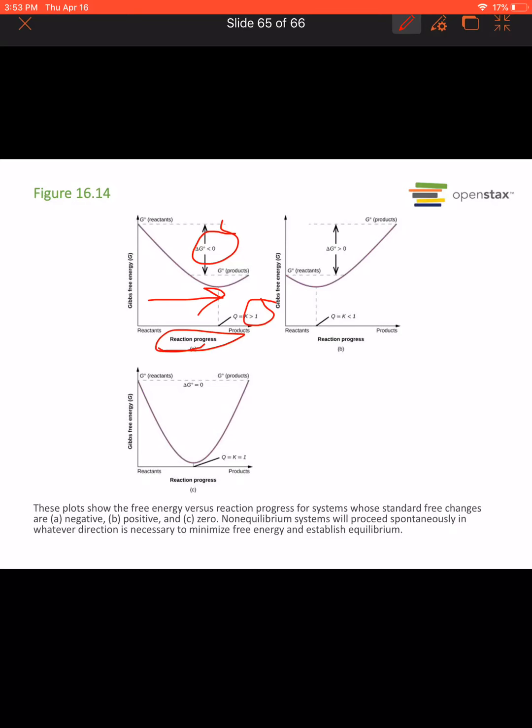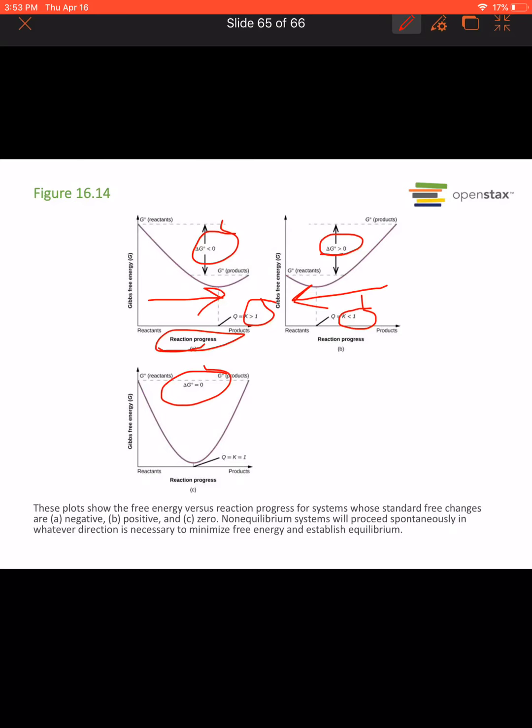In the second one, we have a non-spontaneous reaction. We know it's non-spontaneous because delta G is greater than 0 and K is less than 1. And if K is less than 1, we know that we have a reaction that is going back towards the left.